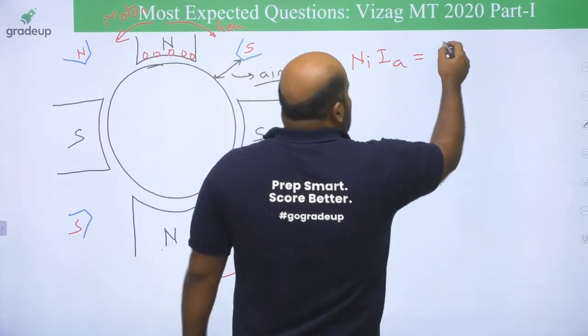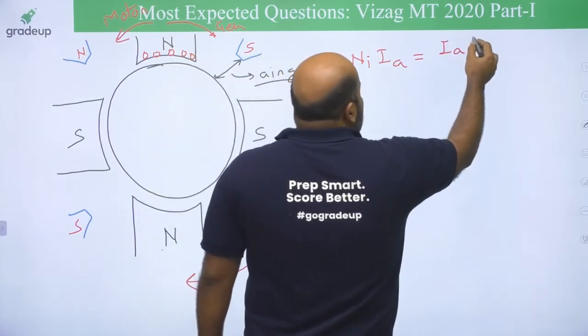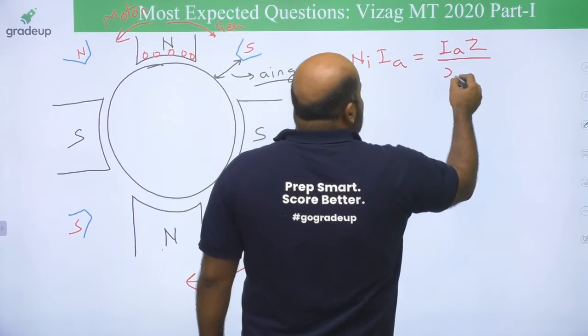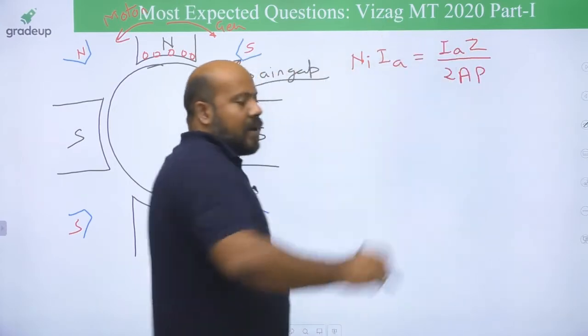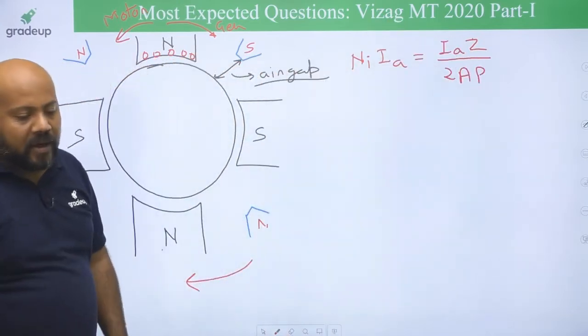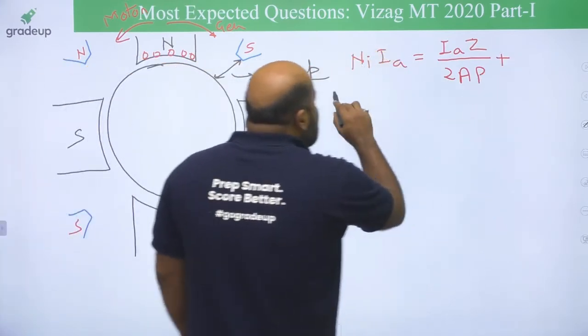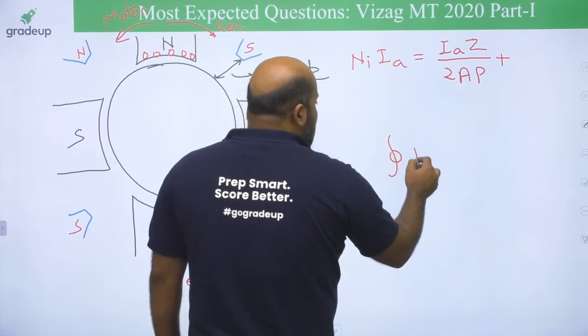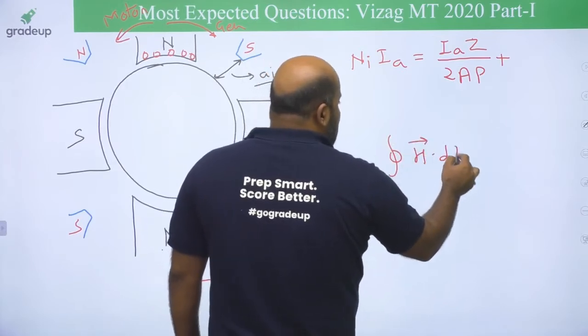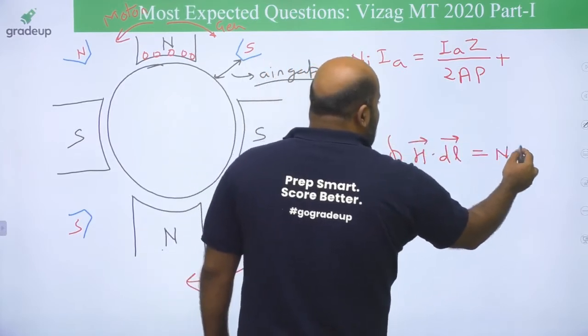Now, ampere turns of the armature winding, you can write IAZ upon 2AP, we have just calculated it. Plus, what is MMF? Remember, H dot dl is equal to Ni.